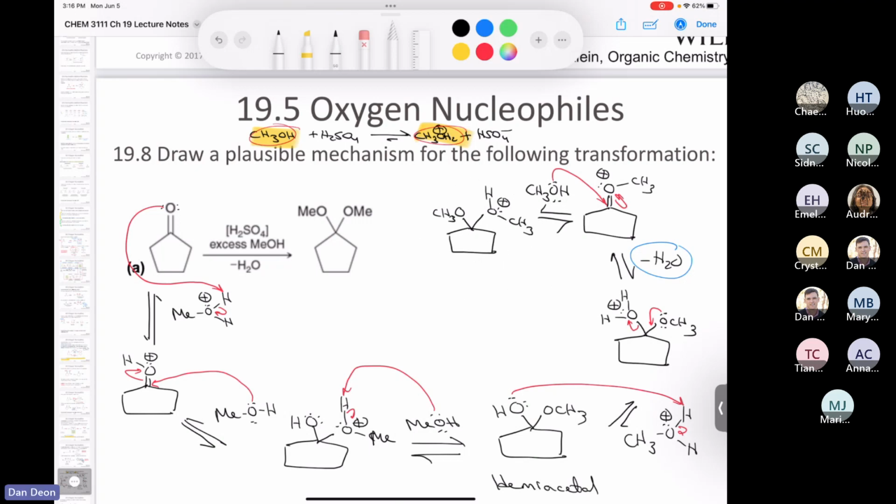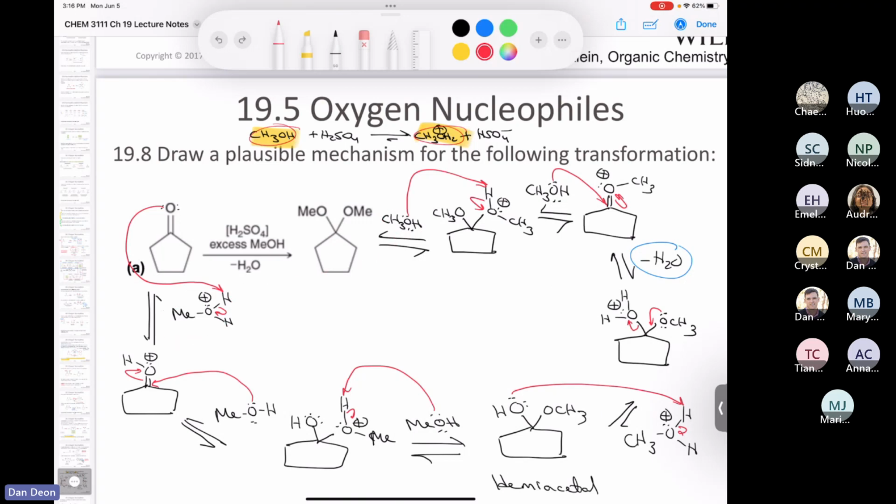And then to get to our product, who's going to take the proton? It's going to be another molecule of methanol, which is going to grab this proton. And there you go. And so now we've regenerated this in the very end, right? This is going to take on the proton to get us back here.